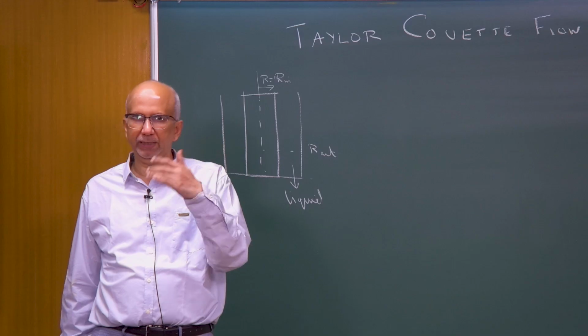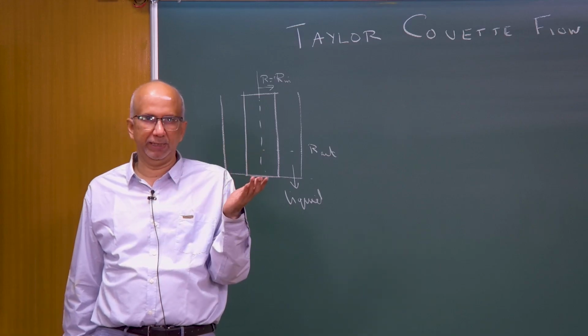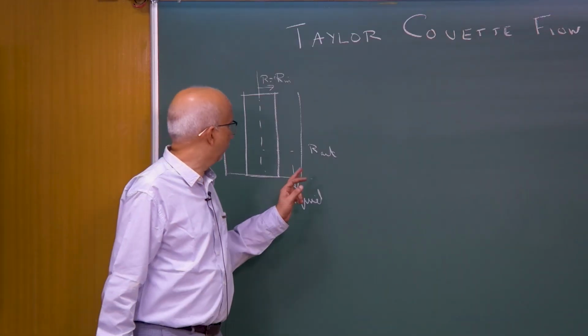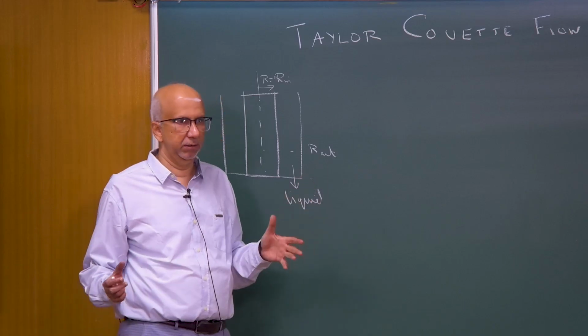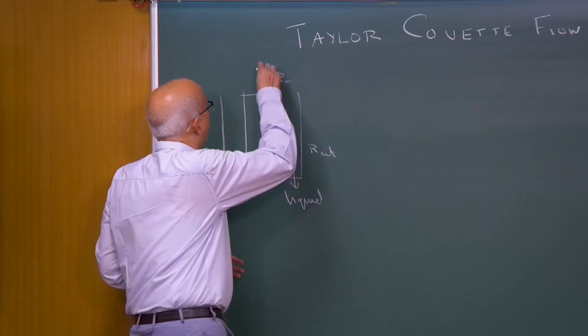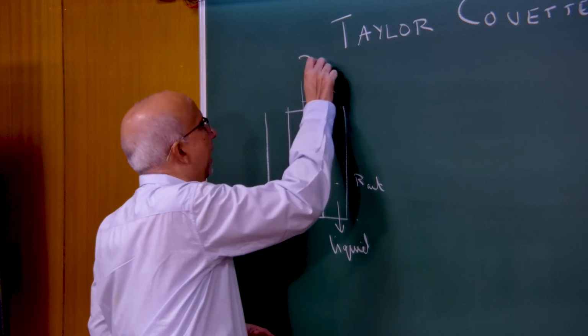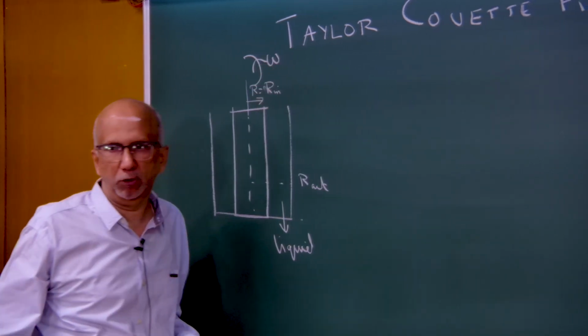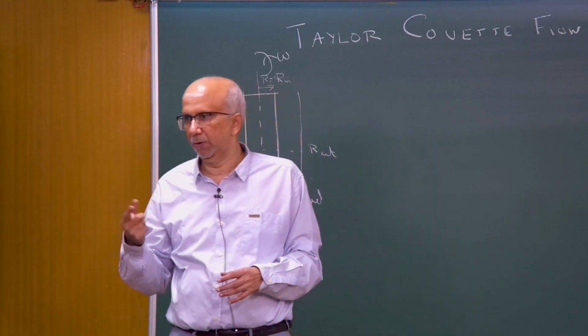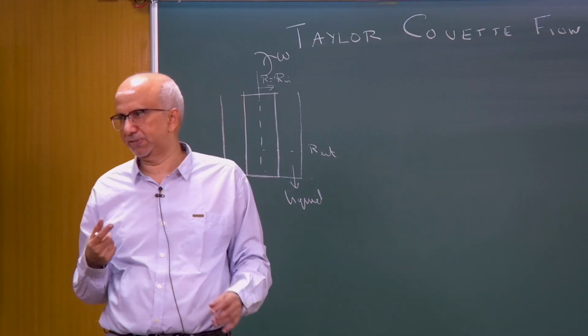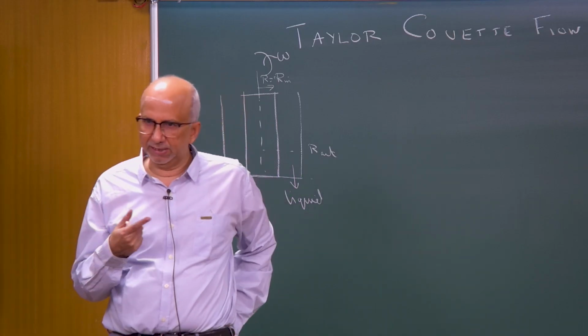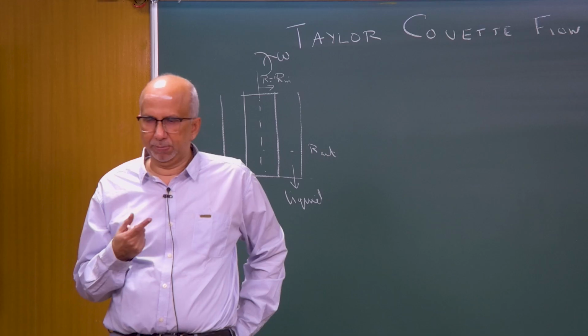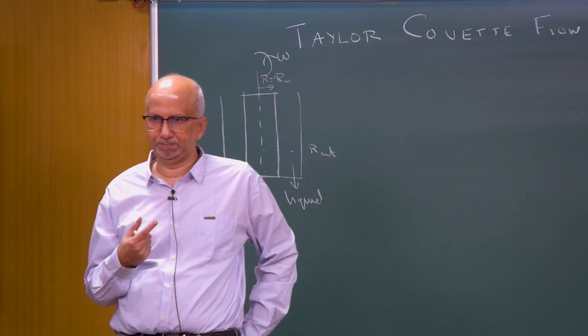And to take the idea from what you saw in the last class, what you do is you keep the outer wall stationary, okay, and you rotate this inner cylinder at a particular speed, omega, okay. Omega will be in terms of radians per second. So, the inner cylinder is rotated at a particular angular frequency.